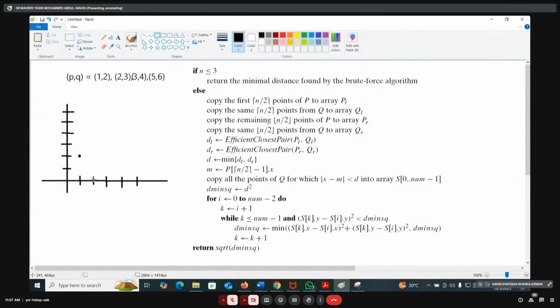Second point, 2 and 3: 1, 2, and 3, so around here. Okay, now 3 and 4: 1, 2, 3, and 4.